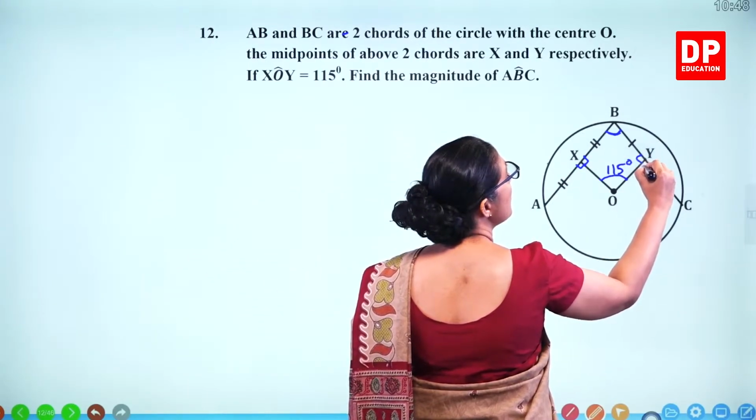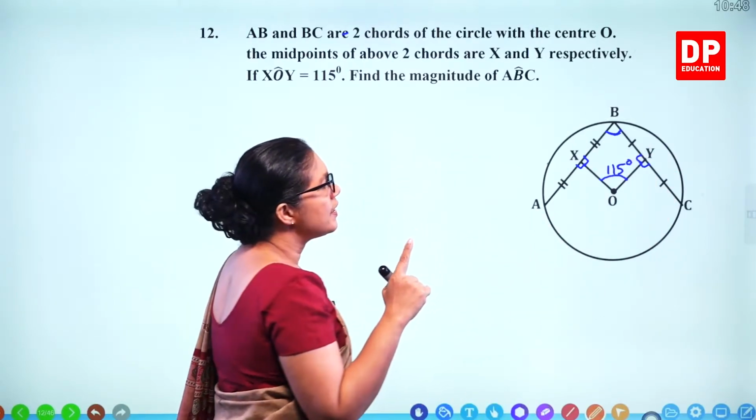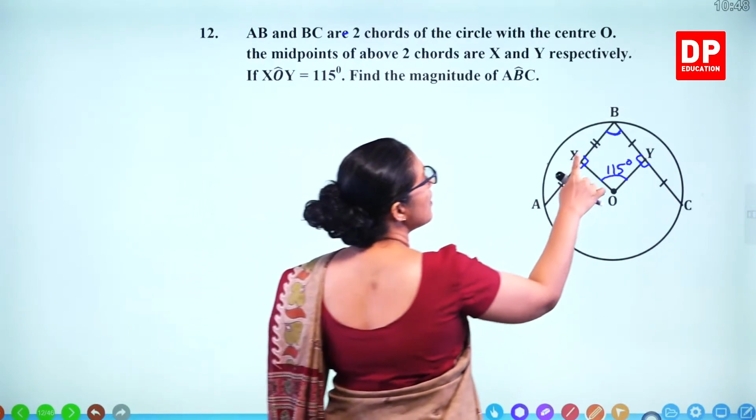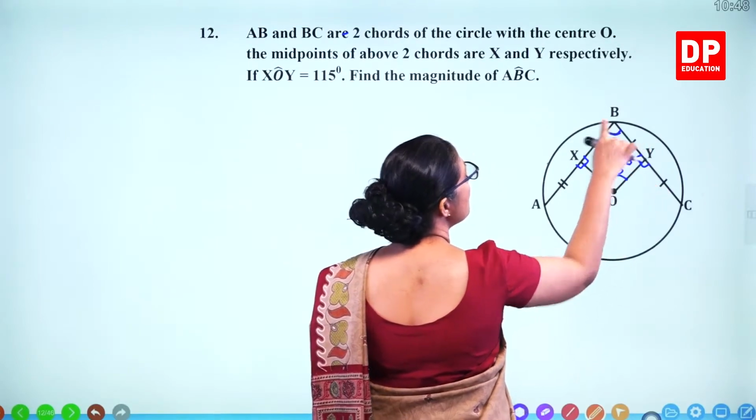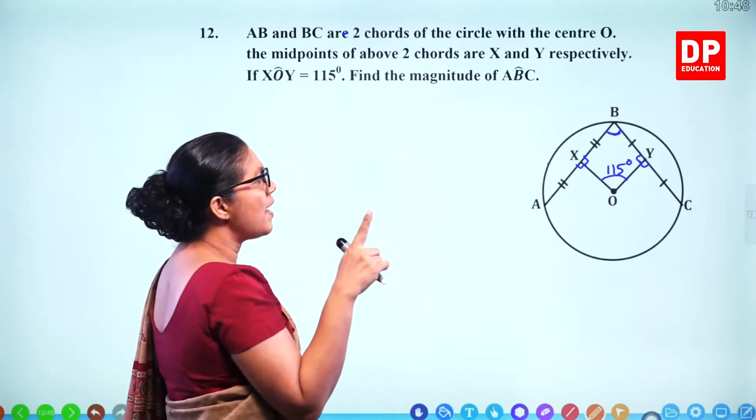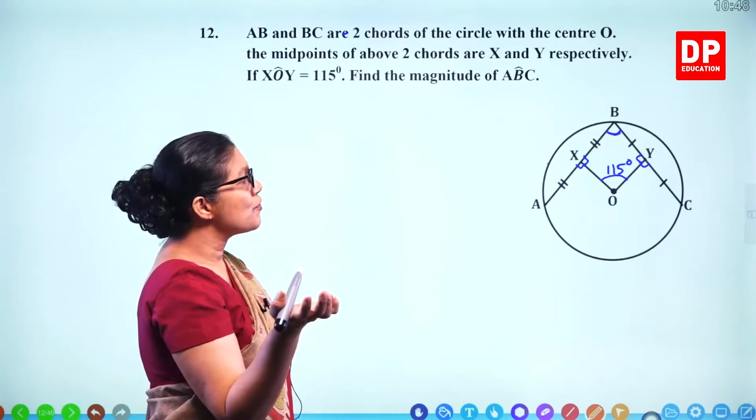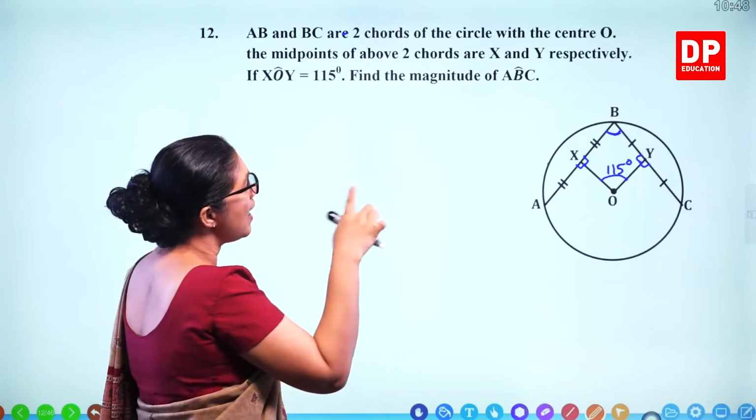And this is also perpendicular according to the chord theorem. 90 is there. This is 115. So you can easily find out the other angle by subtracting all the angles from 360.